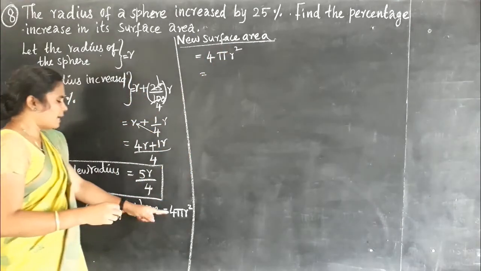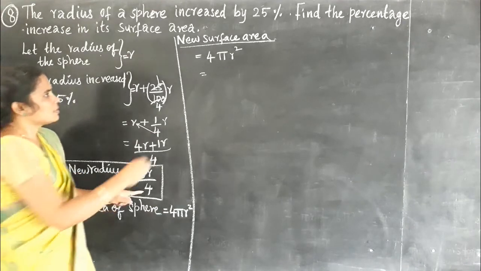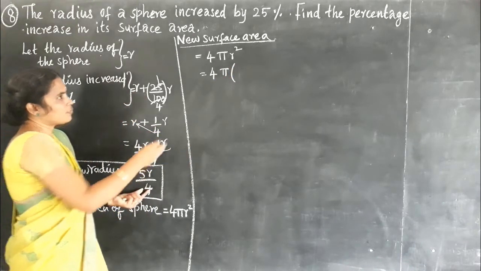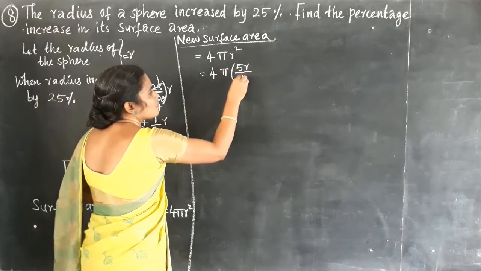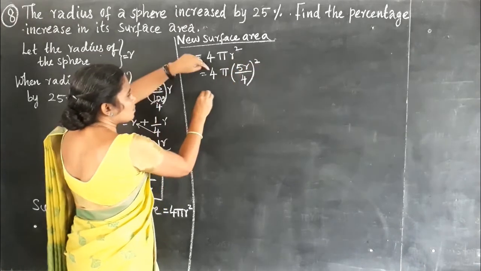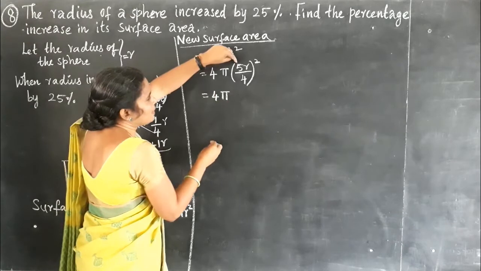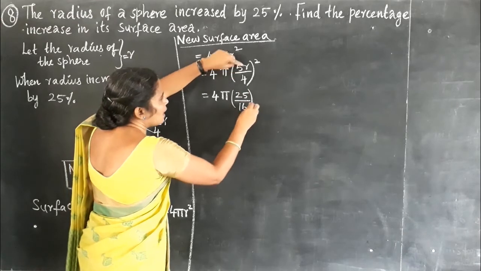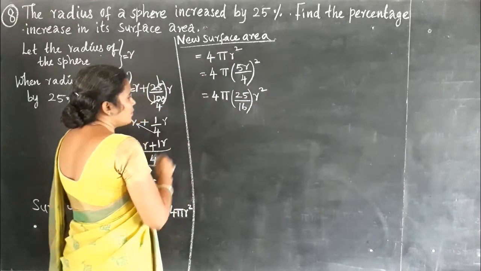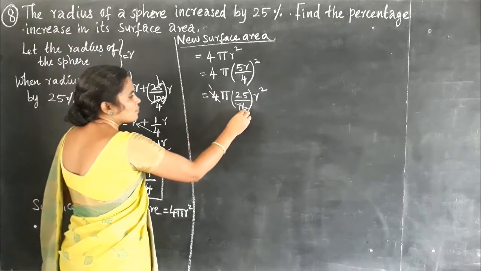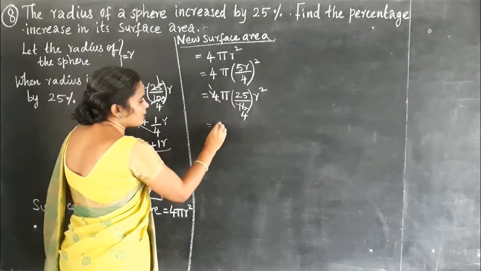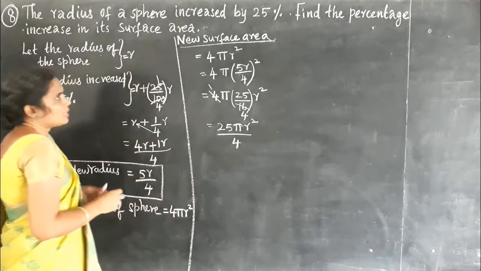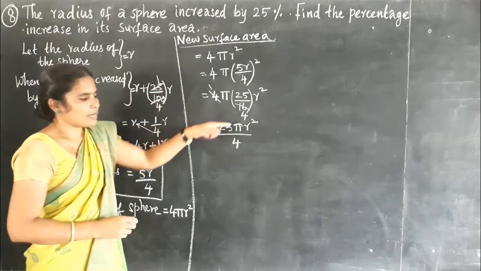Now substitute the value of R as 5R by 4. So 4 pi, 5R by 4 square. So 4 pi, 5 into 5, 25 by 4 into 4, 16, R square. Now you can cancel 4 ones are 4, 4 fours are 16, is equal to 25 pi R square by 4. Okay, new surface area is equal to 25 pi R square by 4.